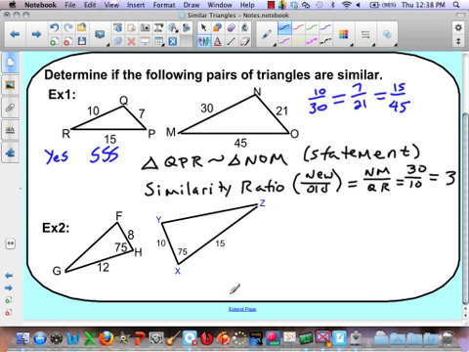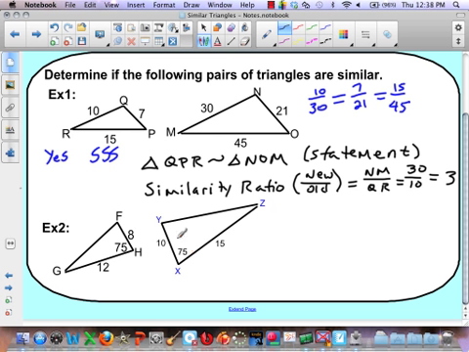Are we similar? Well, that almost looks like which one of the theorems? Almost looks like side angle side. And the first thing we should check is the included angle the same? Okay, so we got the angle part.